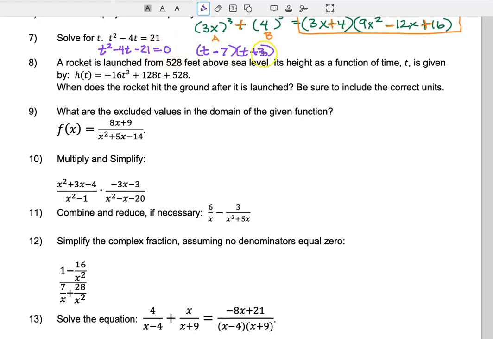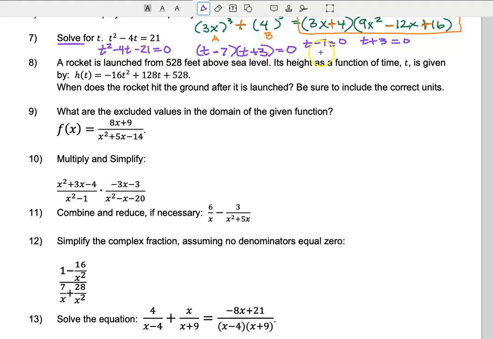Okay, now don't forget, it's still equal to 0. Sometimes students stop there and think they're done, but you haven't solved it yet, right? We factored it, and that helps us solve it, but we haven't solved it yet. So now set each of those parts equal to 0 and solve, right? So I have t minus 7 equals 0, and then I have t plus 3 equals 0.